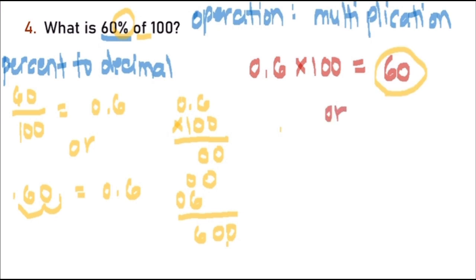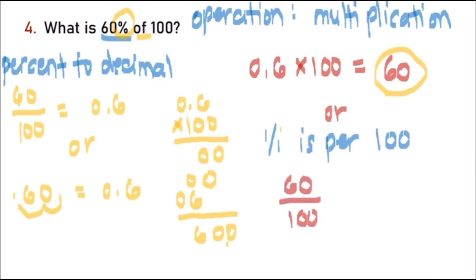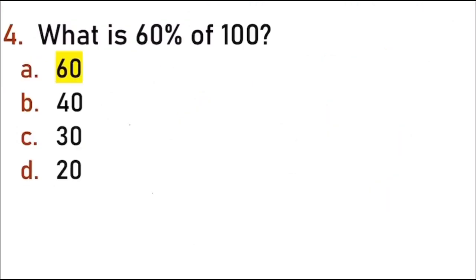But we also have another solution for this. As you can remember, percent is per 100. So we have here 60 over 100 times 100, which is maka-cancel out yung 100. So yung magiging answer natin would be 60, which is similar sa ating answer earlier. And this is letter A.